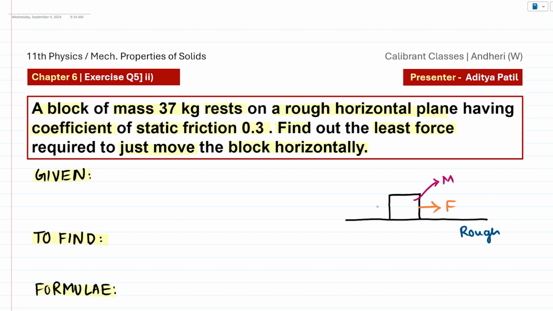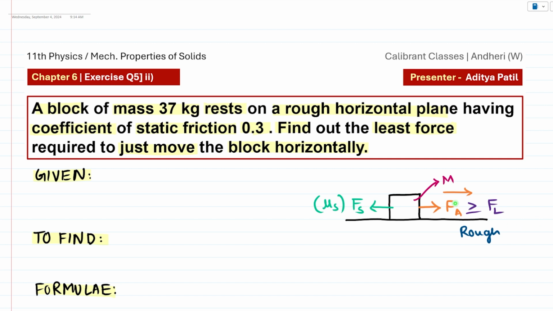Why? Because since the surface is rough, this movement will be countered by the frictional force applied by the surface, which is proportional to the coefficient of static friction given to us in the question. So the only condition where this block moves in the direction of the force is when our applied force, let me mark it as FA, value is greater than or equal to the maximum static friction, or FL, that is the limiting force of static friction.